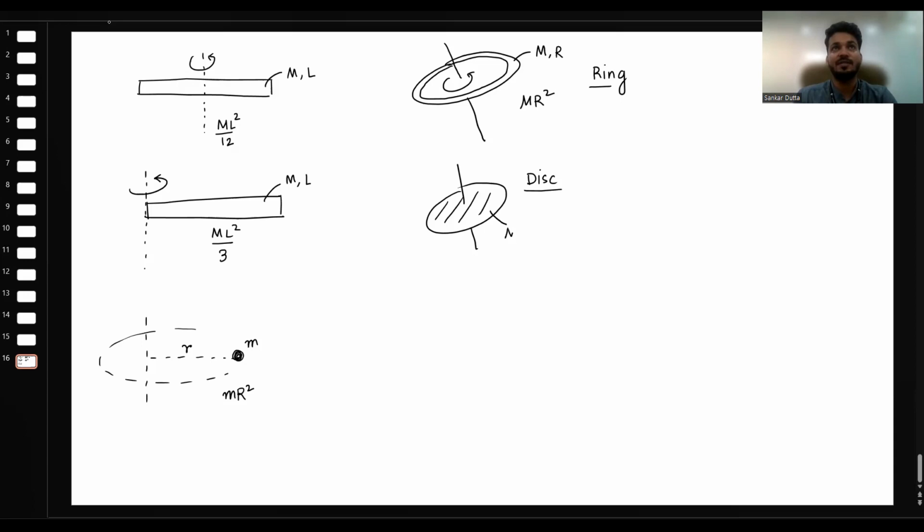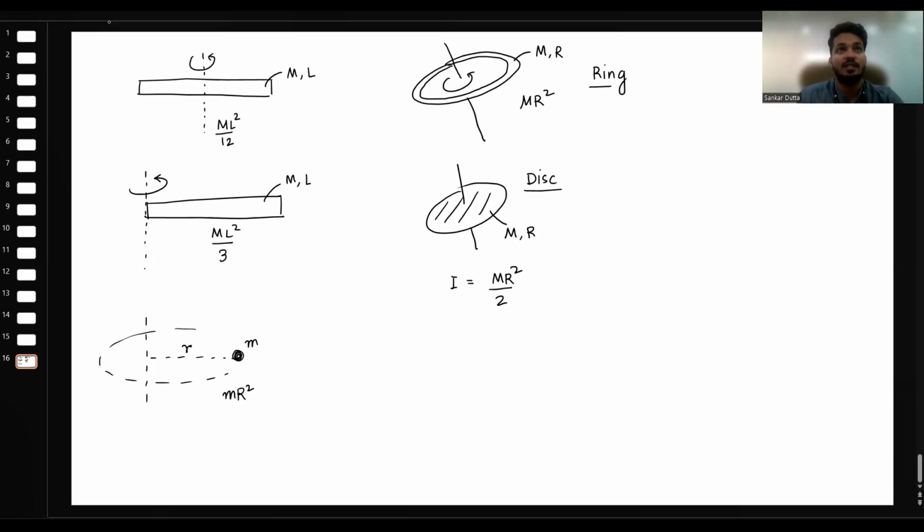If the mass of this disk is m and the radius is r, then the moment of inertia of a disk about its central axis is mr square by 2. Notice how each time I talk about moment of inertia, I always mention which axis it is about. Remember, in rotation, whenever we talk about torque or moment of inertia, they are defined only for a certain axis. So it is vital that you mention which axis you're finding the moment of inertia about.